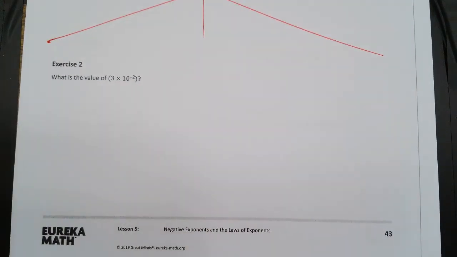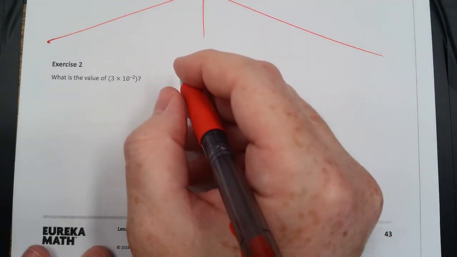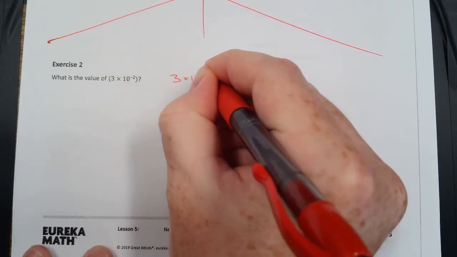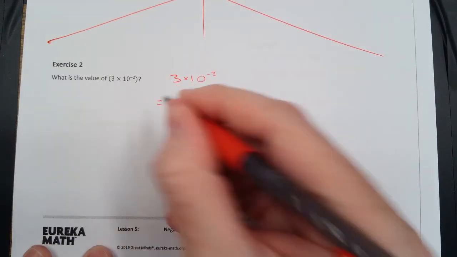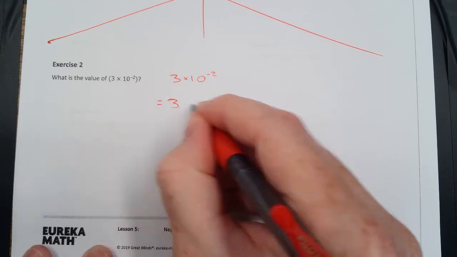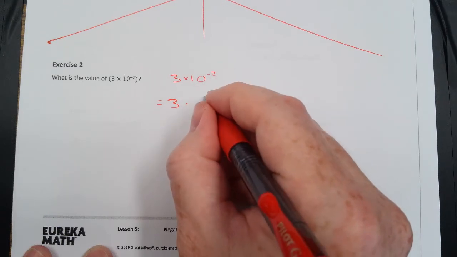Exercise 2, we need to find the value of 3 times 10 to the negative second power. So we have 3 times 10 to the negative second. Using the rule we learned today, we know that the 3 can stay, but the 10 to the negative second, that's a negative exponent.